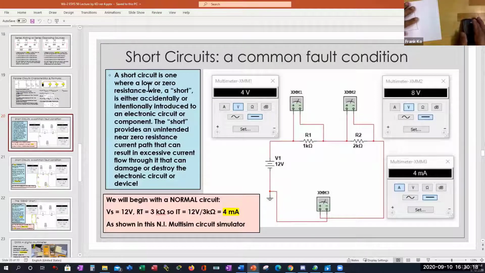It says it's a circuit where there is a low or 0 resistance wire called a short that is either accidentally or intentionally introduced to an electronic circuit or component. The short provides an unintended near zero resistance current path that can result in what? Excessive current flow that can what? Damage or destroy the electronic device.